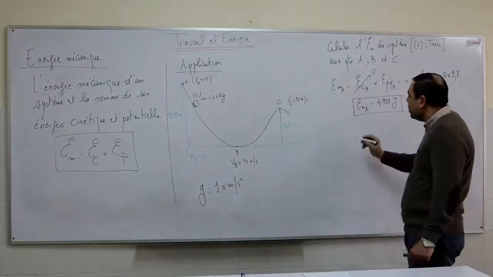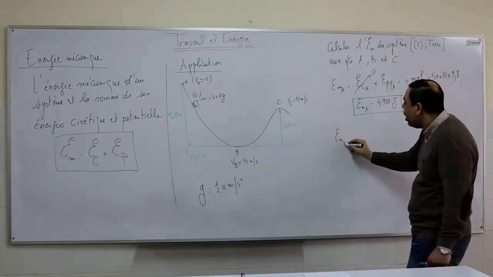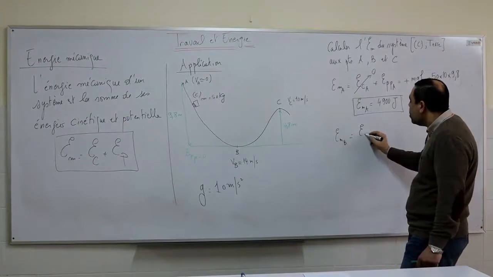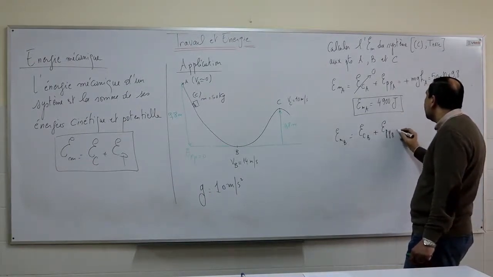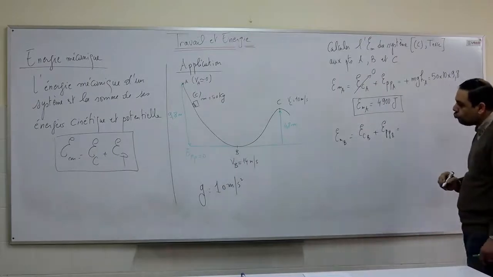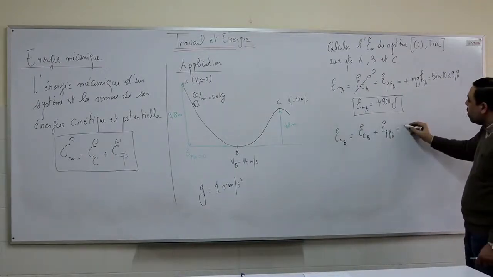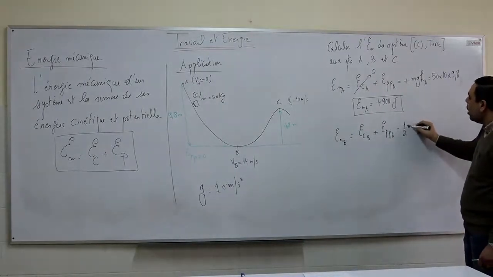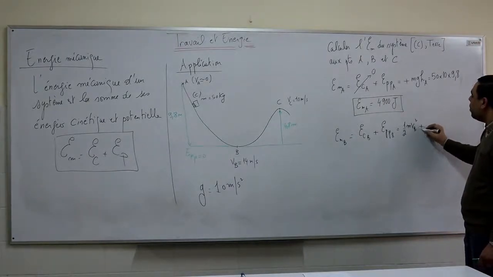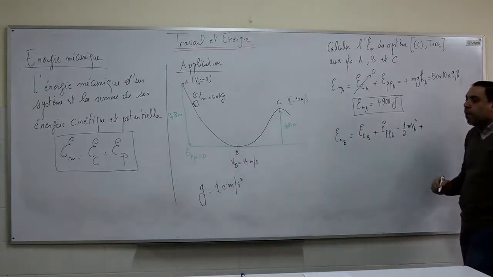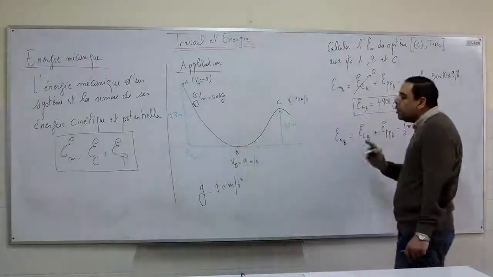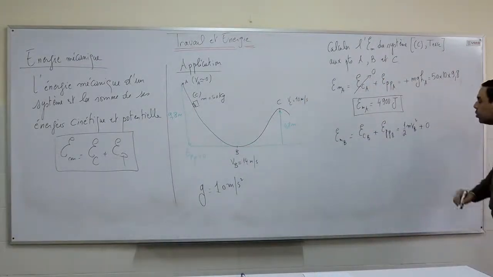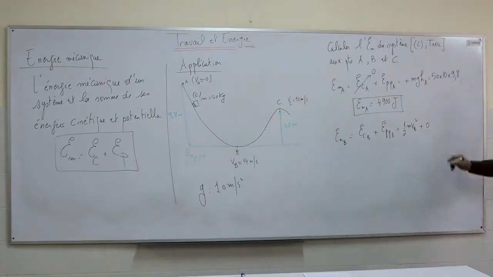Now to find the mechanical energy at B. It is the kinetic energy at B plus the gravitational potential energy at B. The kinetic energy at B is half m v_B squared, plus... B is on the reference level of the gravitational potential energy. So the gravitational potential energy at B is 0.